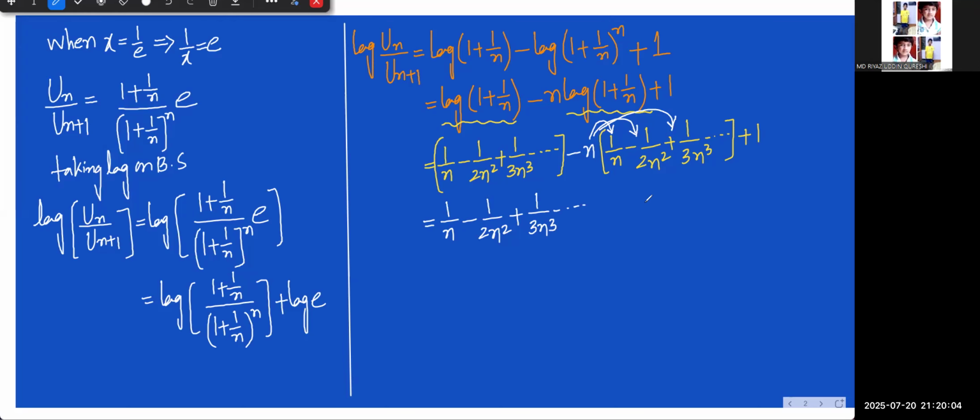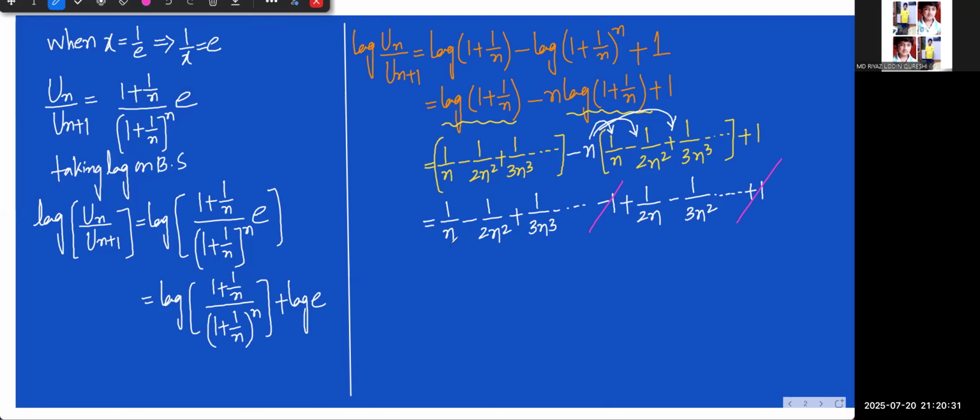And if you multiply, we get what? Minus 1 here, minus into minus plus 1 by 2n here. Okay, minus 1 by 3n to the power of 2 here, and so on, plus 1. So what to do here is, cancelling this minus 1, this plus 1 cancel.